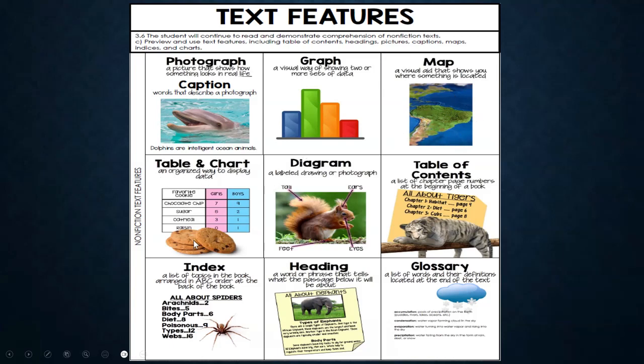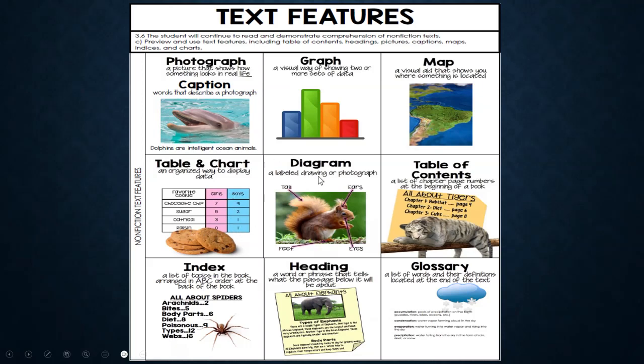A table or a chart is an organized way to display data. So you see how people's favorite cookie: 7 girls like chocolate chip, 9 boys; 5 girls like sugar cookies and 2 boys; 3 girls like oatmeal and 1 boy; and no girls like raisin, but only 1 boy did.